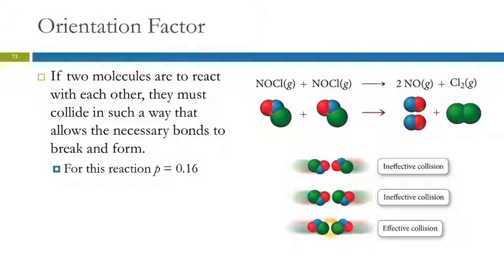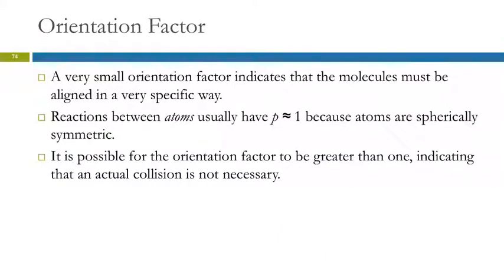Only 0.16, or 16%, of the collisions have the correct orientation. So when you have a small orientation factor, it means that the molecules have to be aligned in a very specific way.